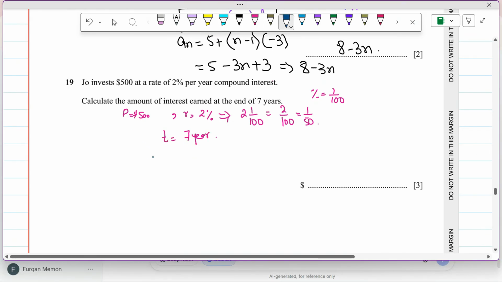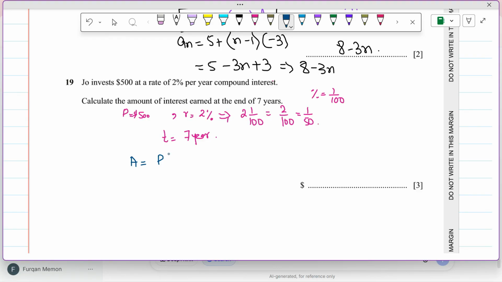The formula to calculate the amount after time t with compound interest is A equals P times (1 plus r) to the power of t. A is the amount after 7 years, including the principal amount. So first we calculate the total amount after the 7 years.